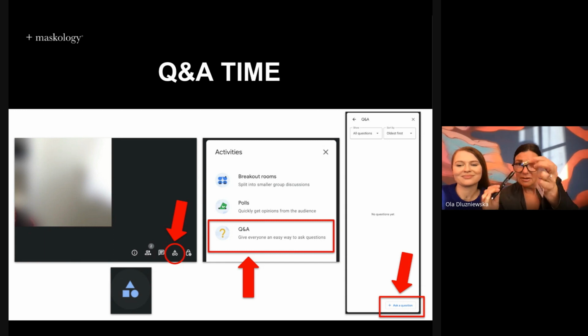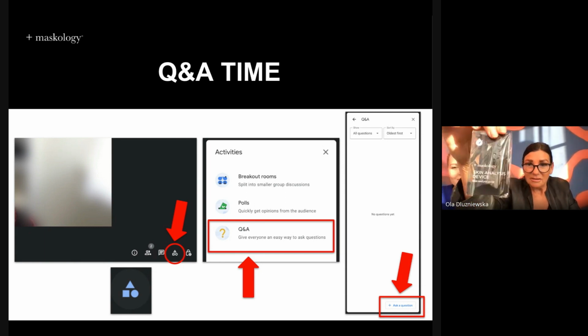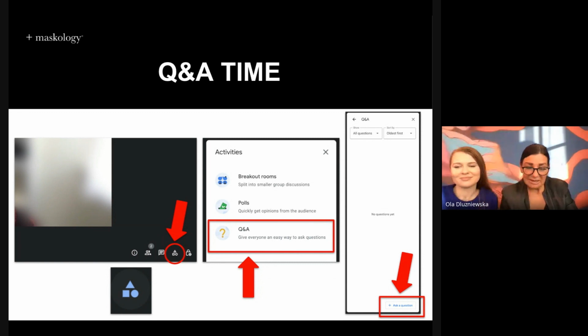It's battery operated, and it also has a reading guide for you. Basically, this little thing measures your oil and hydration levels within the skin. And we don't just use it on the face. We can actually use it everywhere on the body.